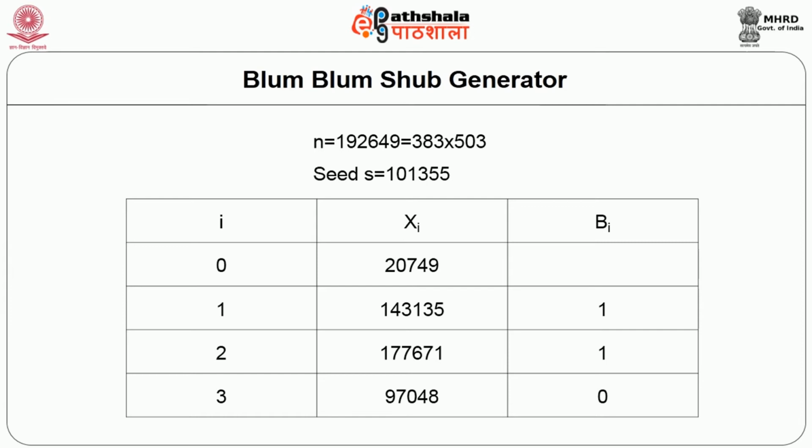In the third iteration it would be 97048. It would generate bi in the first iteration to be 1, second iteration 1, third iteration 0. This way we will keep on generating the bits up to the length which we need.